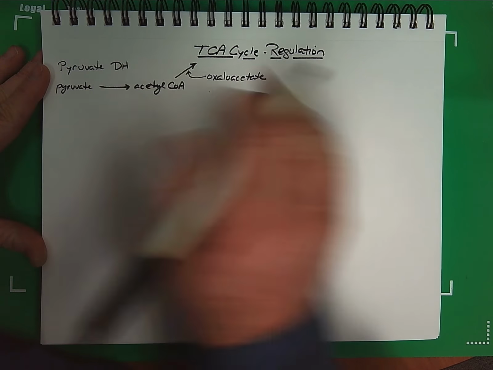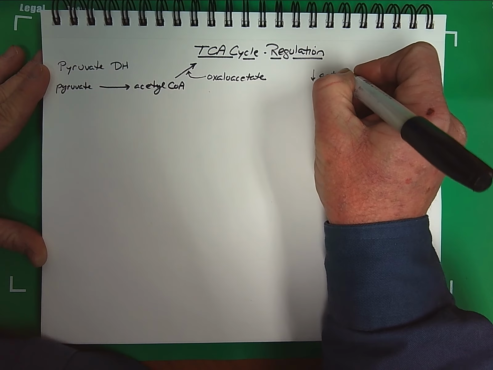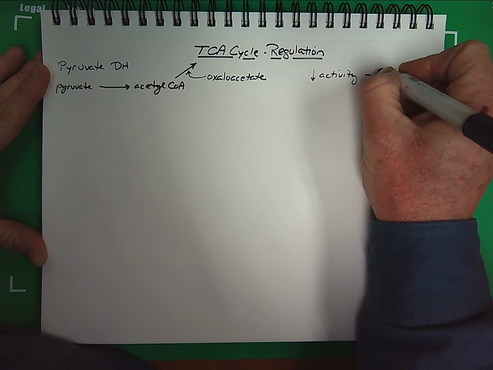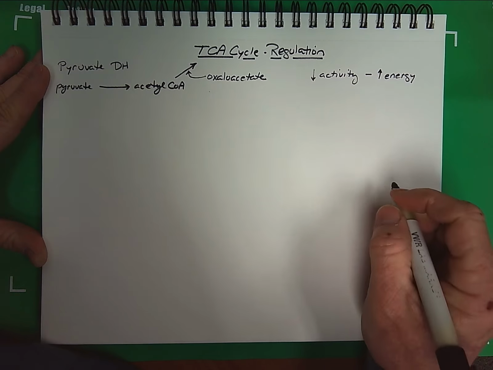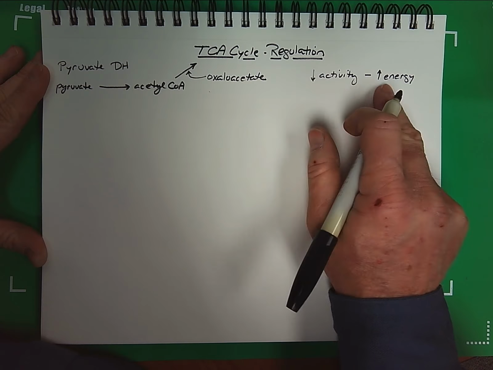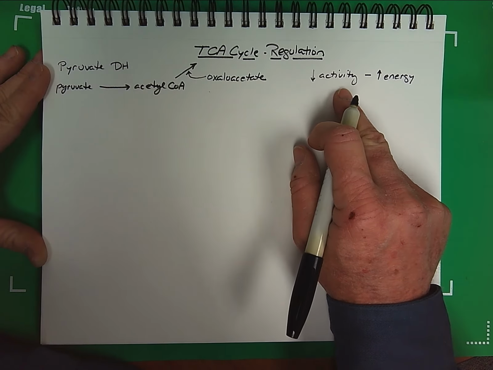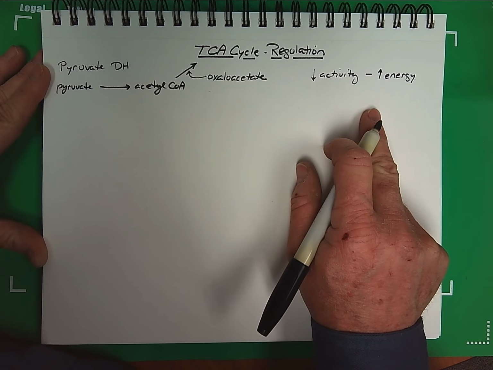So this particular enzyme is going to be decreased in activity when energy levels are high. Now this makes sense because we want to slow the process down in skeletal muscle in order to control the amount of substrate moving through the oxidative pathways.